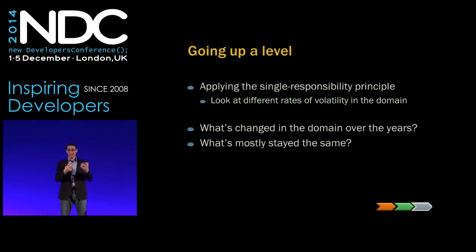One of the ways of picking through that is not only looking at the requirements as you have them today, but looking back and asking how was this domain practiced 10 years ago, 20 years ago? What's changed in that time period versus what stayed the same? And then using that to project forwards: what is likely to stay the same in the future, what is likely to change.